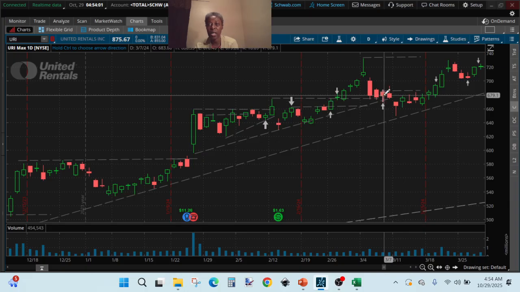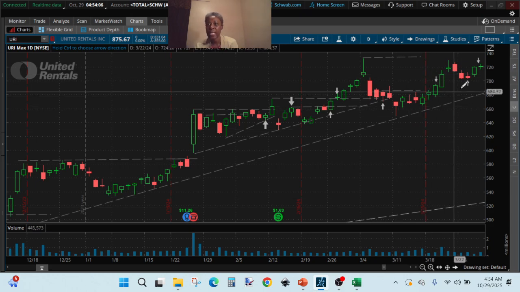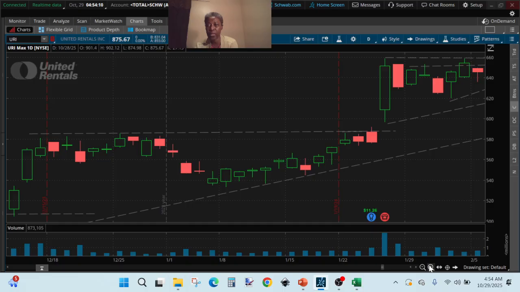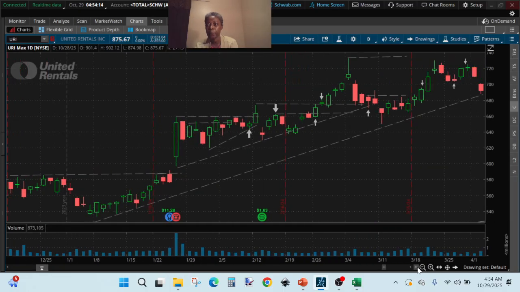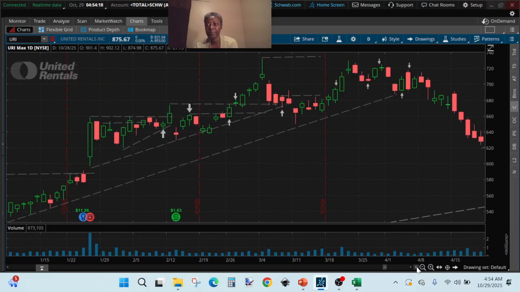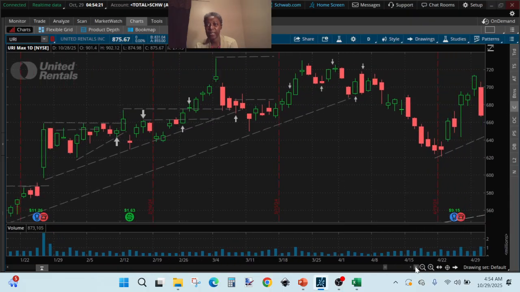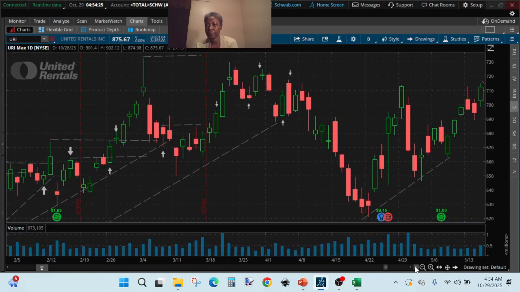But sometimes, because I make my purchases around noon, by the end of the day it could change color. But then, you can see I purchased it there and sold it there. So every few days I will purchase and sell if everything goes according to the plan. And I did that in 2024 with this stock.